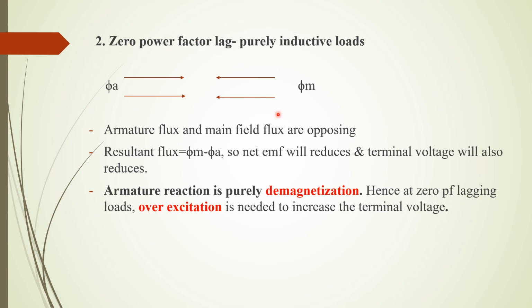Okay, so you can remember these points, very important for technical exams. So at zero power factor lagging, since the resultant flux is very less and the terminal voltage is very less, we need to improve the terminal voltage. So we overexcite the field.